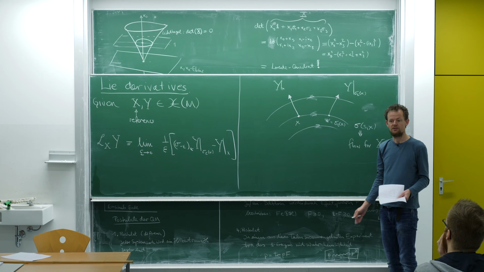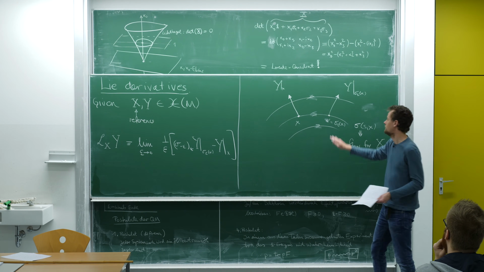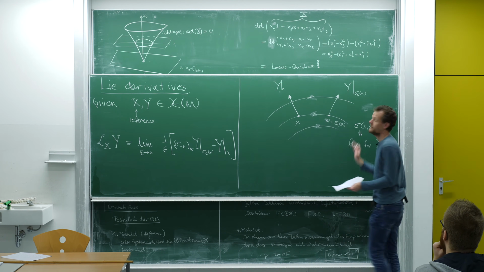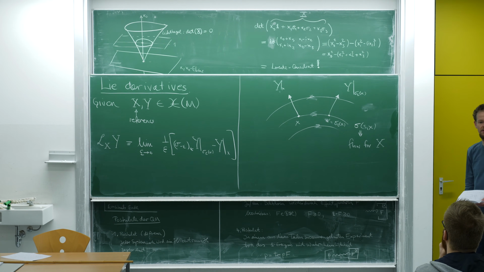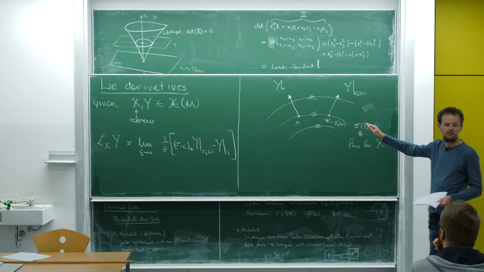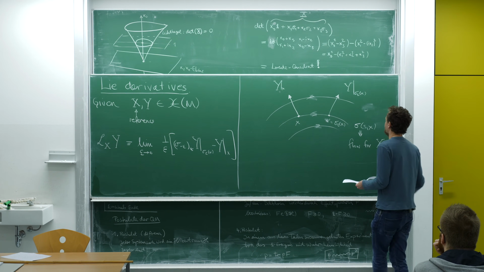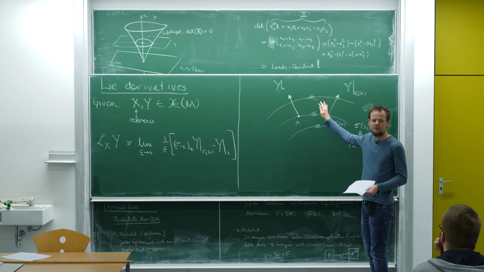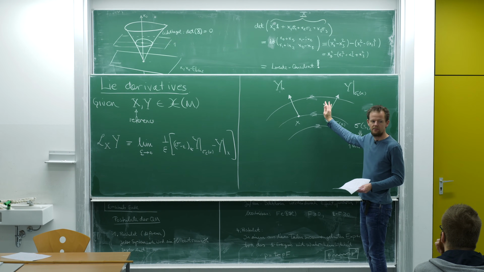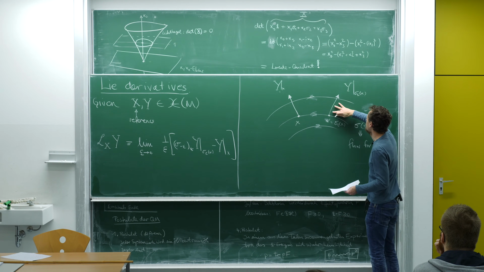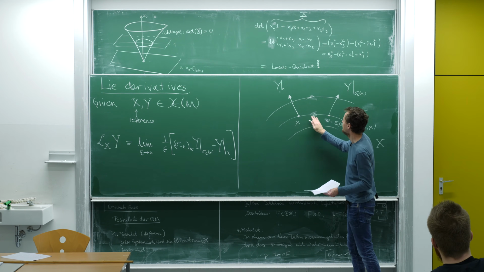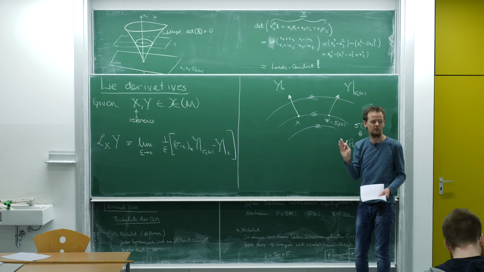And the objective is to compare these two vectors. Without the data of this reference field, we would have no canonical way to do that unless we had some Riemann structure on this manifold or something else. Maybe it's a bundle or something. There are other ways to do it, but this is the way we're doing it when we have access to a second vector field X. What we do is we move this vector along this integral curve here, and we have a canonical way to do that.